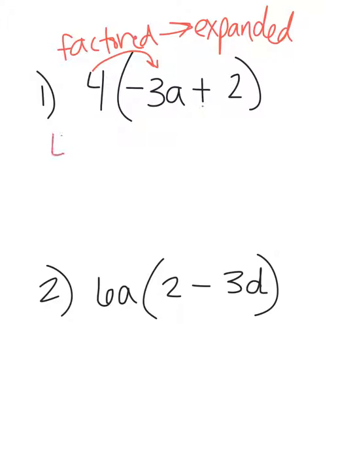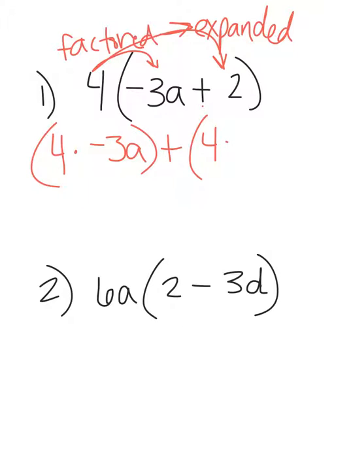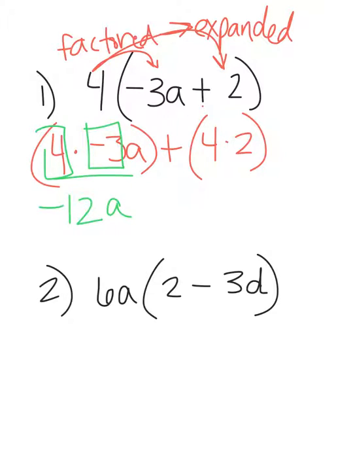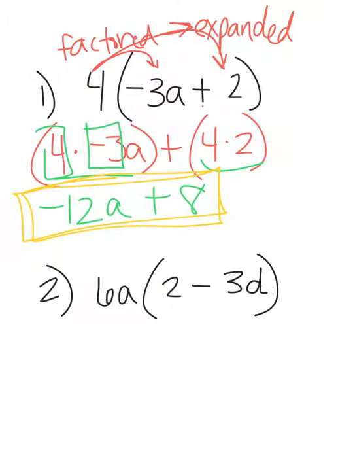So I'm going to do 4 times negative 3a, and then I'm going to share the 4 with the 2, so I would have plus 4 times 2. If I want to, or if the question asks me, 4 times negative 3, so I would do the whole numbers first, would become negative 12, and a comes along for the ride, plus 4 times 2 is 8. This again would be my simplified form until they tell me what a is equal to.